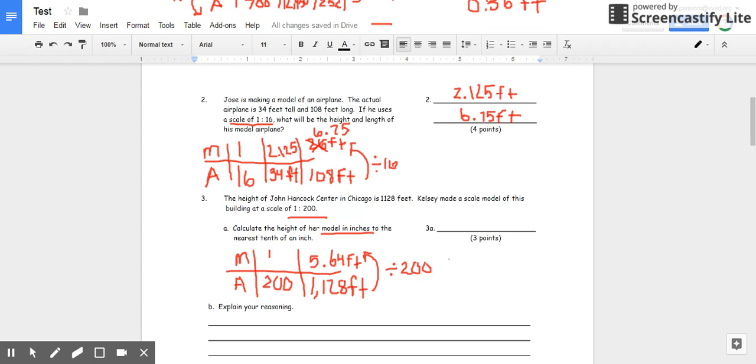I don't want feet, I want inches, so to convert feet to inches, I'm going to take my feet, 5.64, and multiply by 12. So 5.64 times 12 is going to equal 67.68 inches.